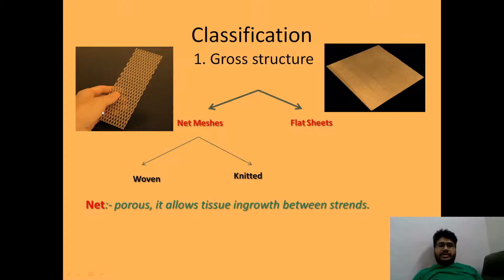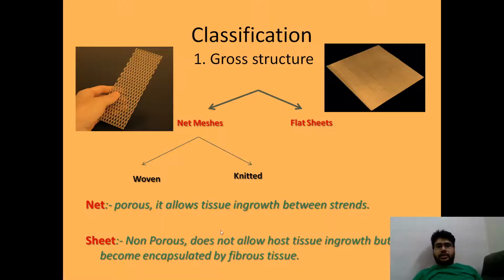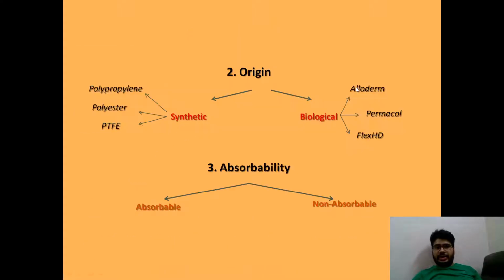Nets, as you can see, are porous and allow tissue ingrowth between the strands. On the other hand, you can see sheets are non-porous and they do not allow host tissue ingrowth. Obviously there is no space, but there is a process by which they get encapsulated by fibrous tissue and provide strengthening.